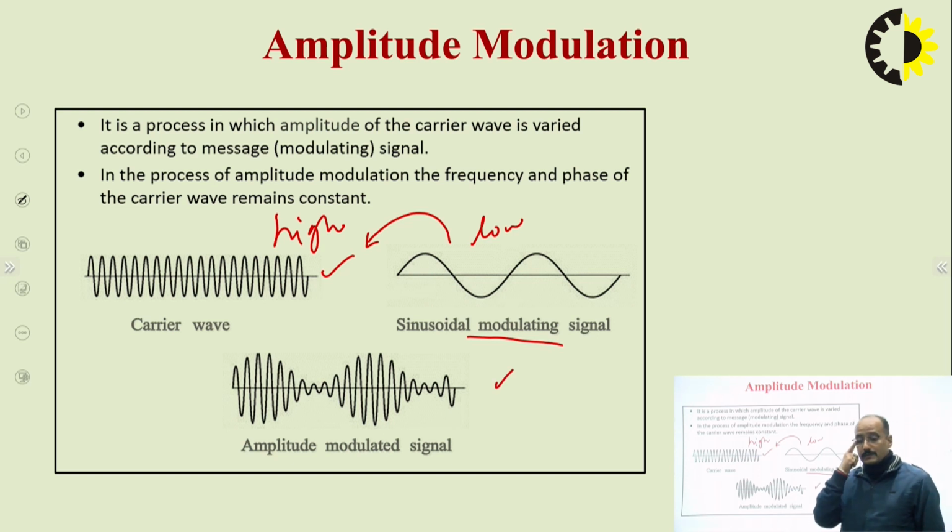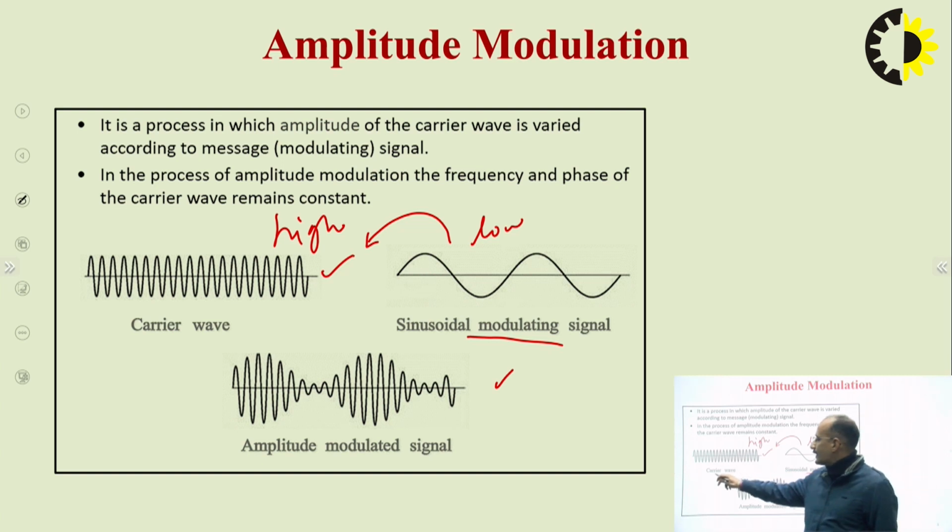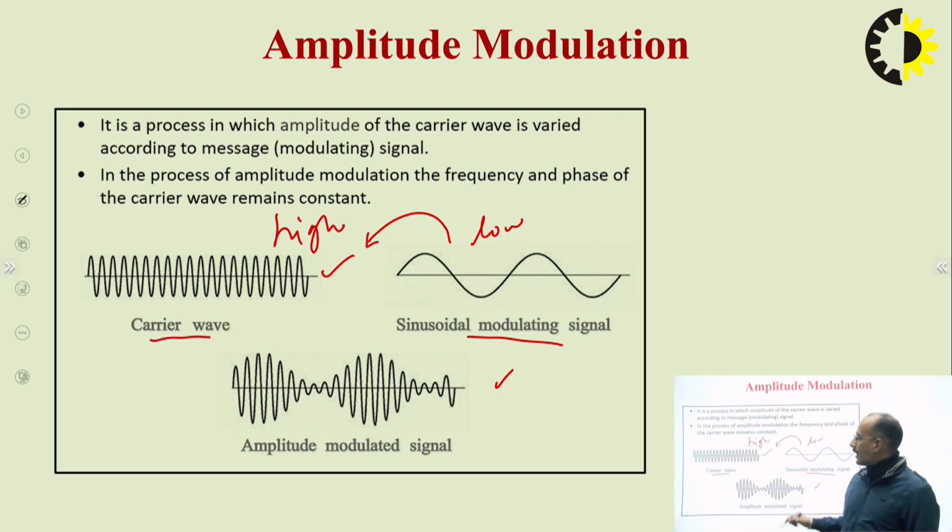So we can define amplitude modulation as follows: when we change the amplitude of the high frequency carrier signal as per the instantaneous value of the low frequency message signal, and the frequency and phase of the carrier are kept constant, that process is known as amplitude modulation.